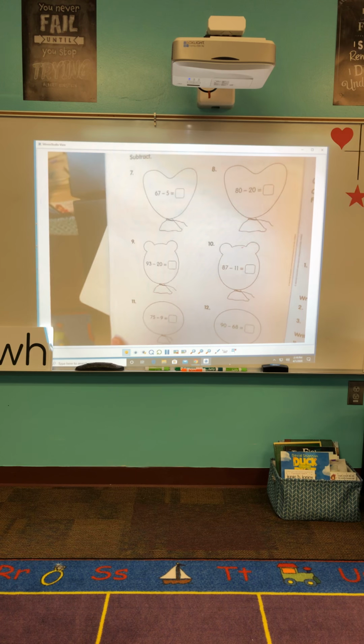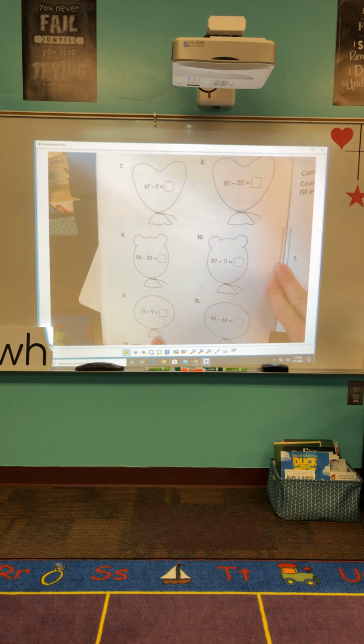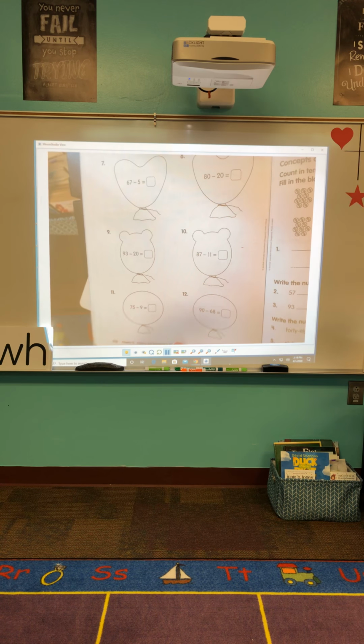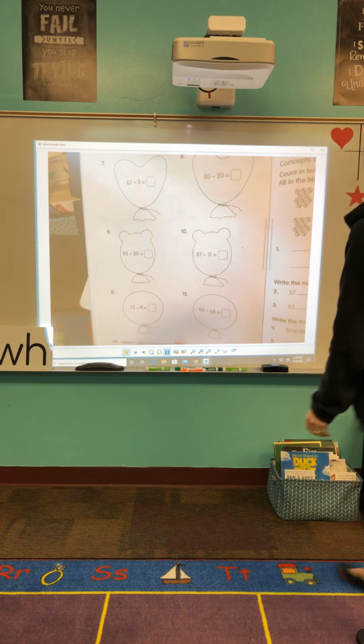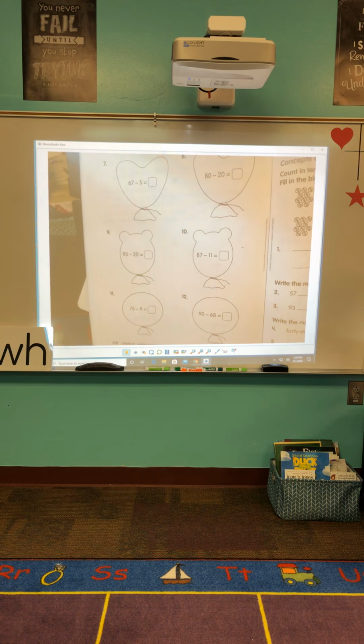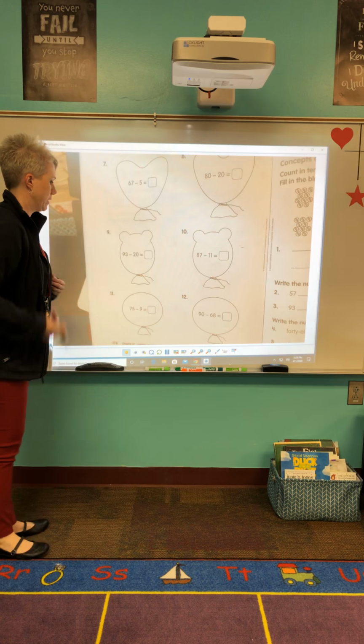More balloons, more math. All right, this is all subtraction. Some will be with regrouping and some will be without regrouping. Oh, that's blurry. All right, let it reset. There we go, that's better.